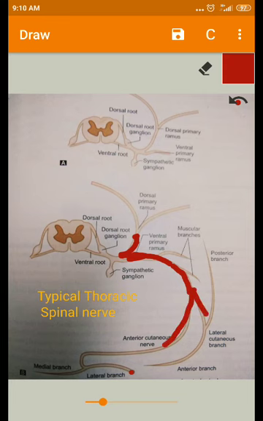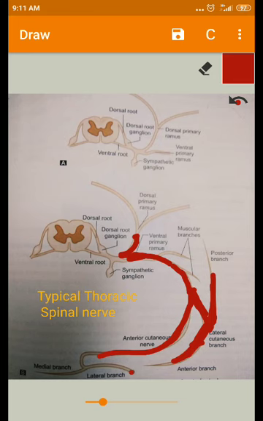The anterior branch comes anteriorly, and the lateral branch goes on the lateral side. Again, this lateral branch divides into a posterior branch and an anterior branch.